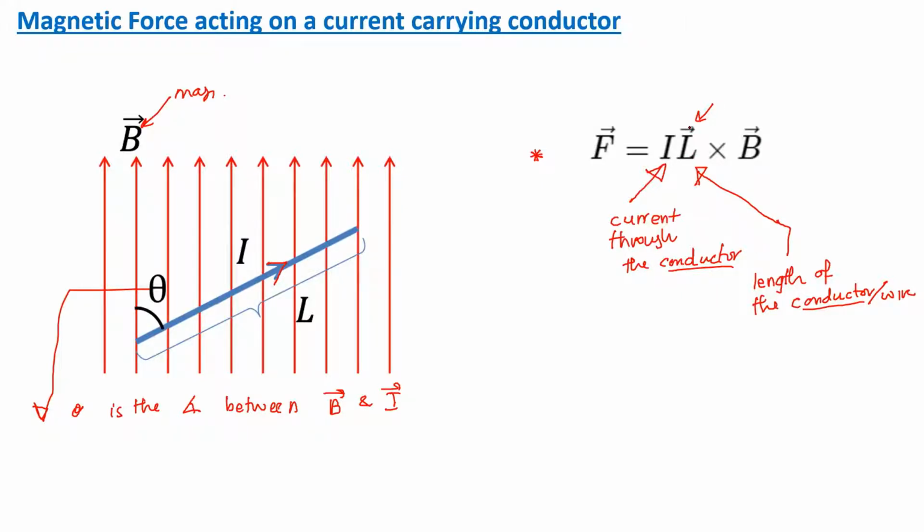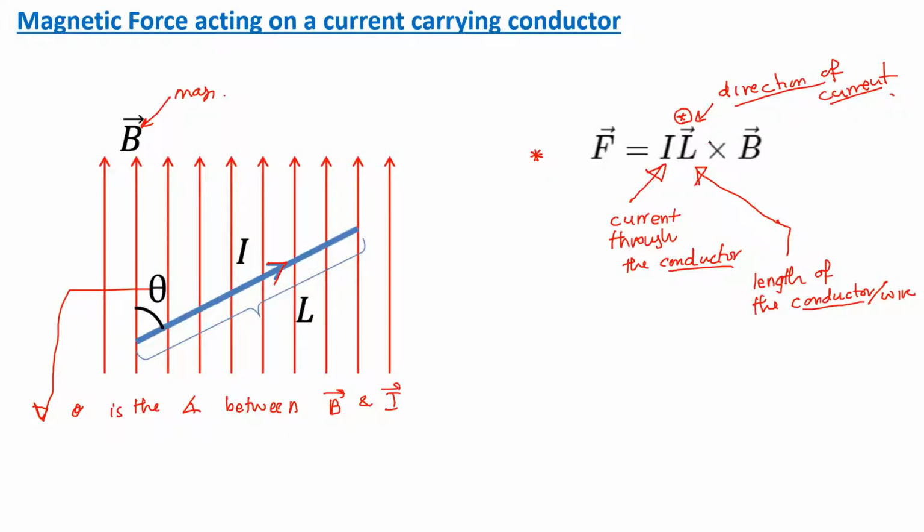We usually put arrows to symbolize vectors. So the length vector is actually representing the direction of current. Current is not a vector, although current is not a vector. Therefore, what they have done is they are taking the direction of current as the direction of length and considering it as a vector. So you don't really need it, but if you are curious about it, that is what it is.